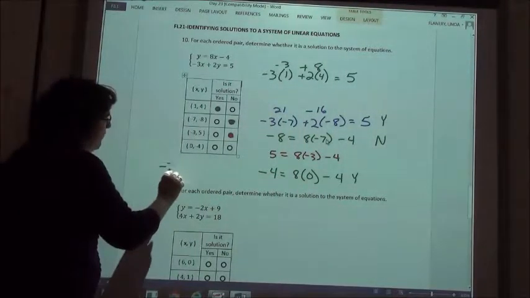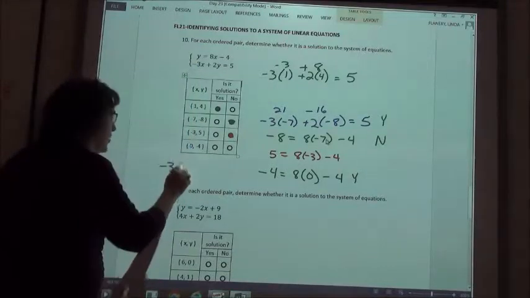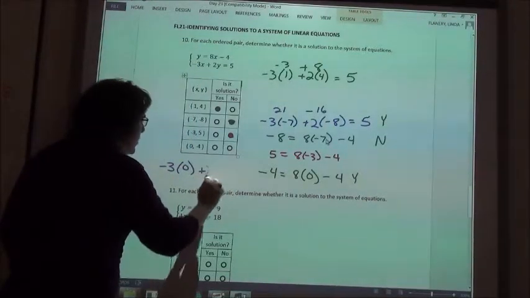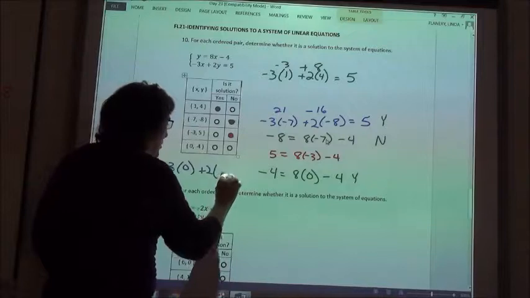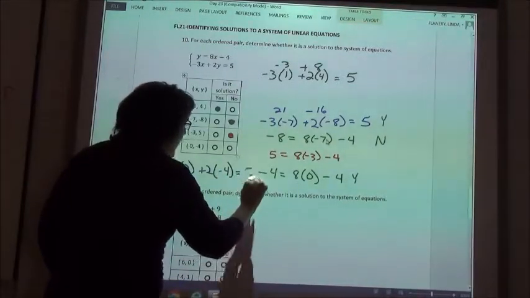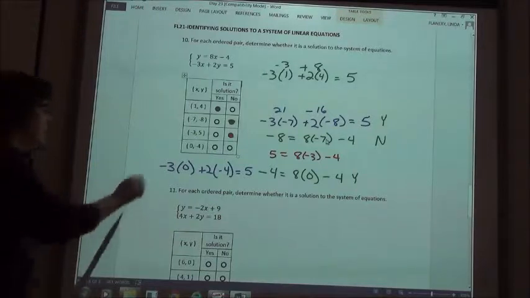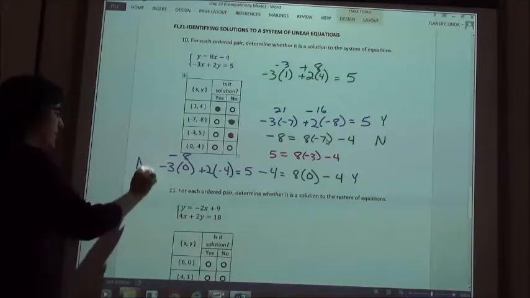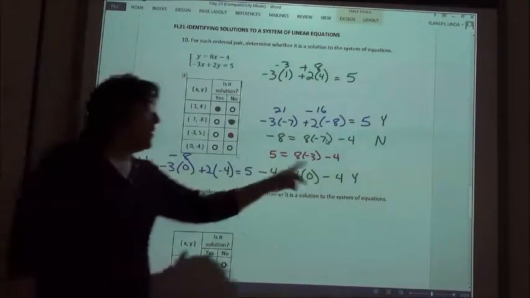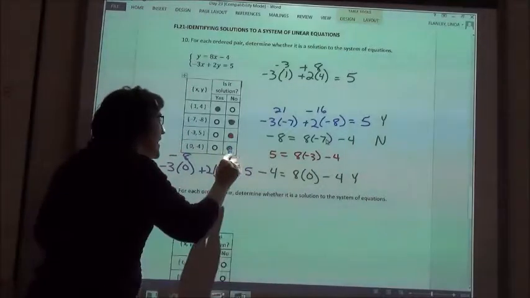So negative 3 times the x value, which is 0, plus 2 times the y value, which is negative 4. Does that give us a 5? It gives us negative 8. That's not 5, right? So since this was no, even though that was yes, we're still going to say no.